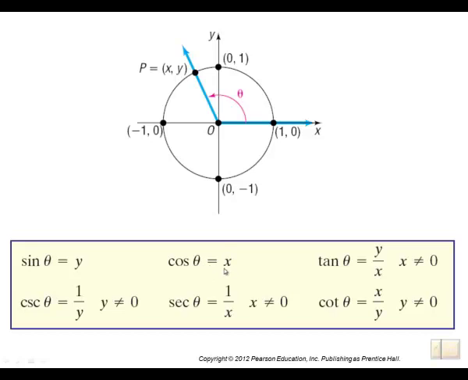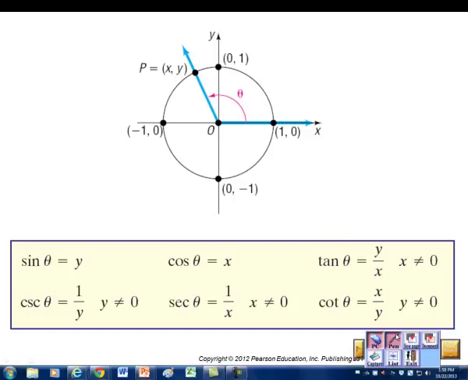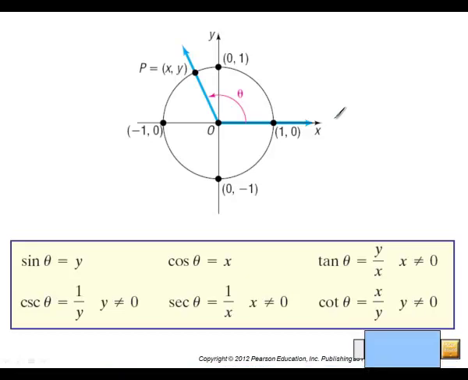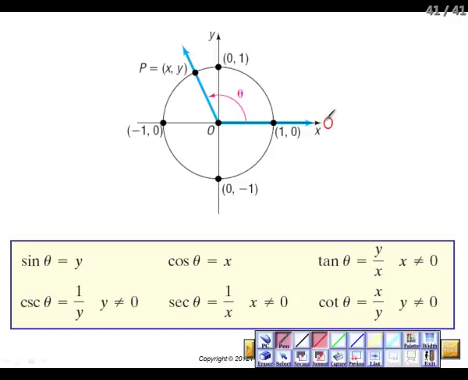is continuous. Now, for tangent, for example, at 0 degrees, we know that tangent is equal to sine at 0 degrees over cosine at 0 degrees.